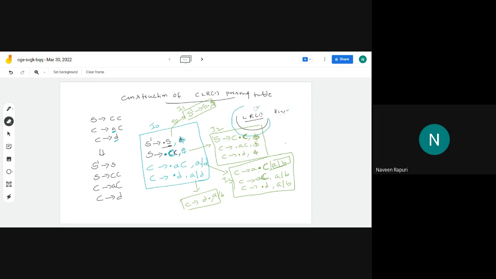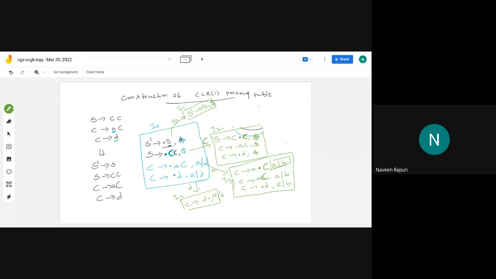From I0, I1, I2, I3, and I4: I0 on S goes to I1, I0 on C goes to I2, I0 on small a goes to I3, I0 on small d goes to I4. Here I cannot expand I4.